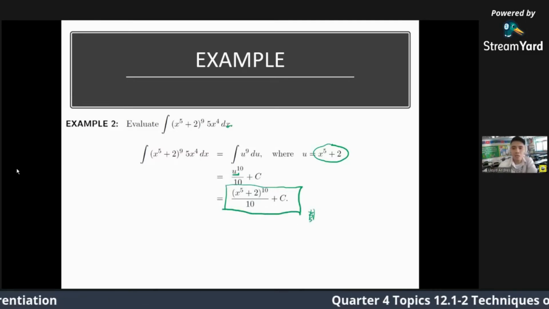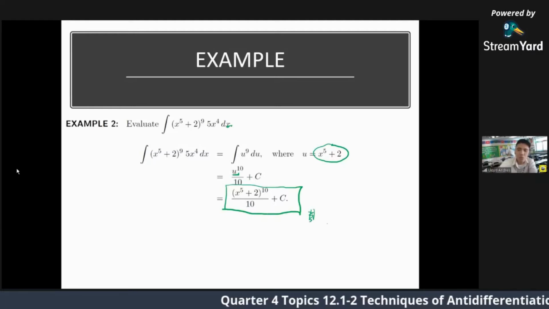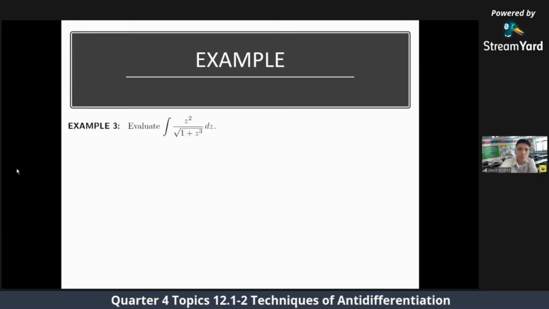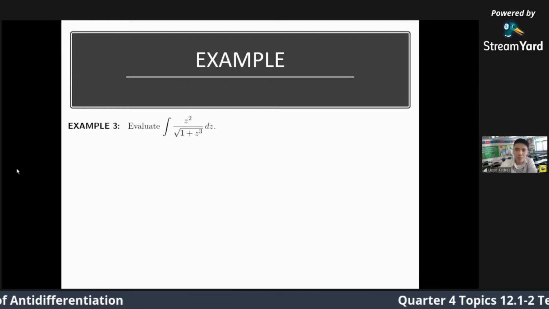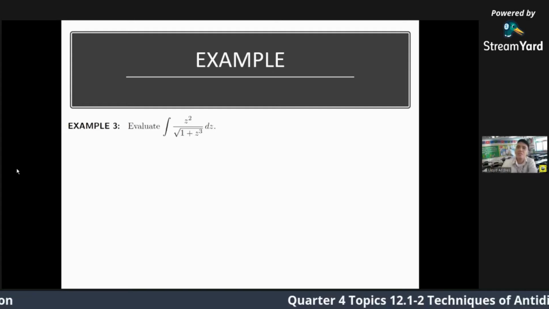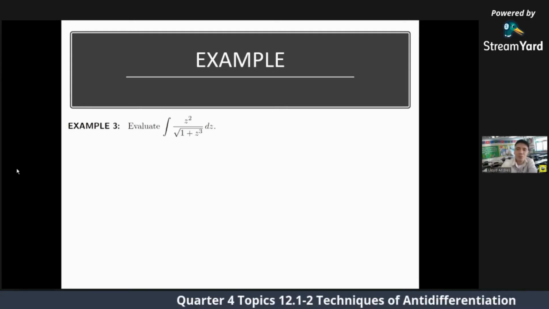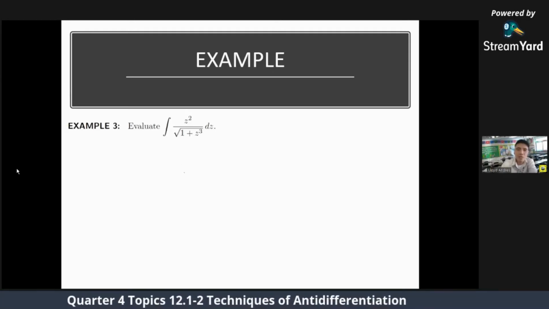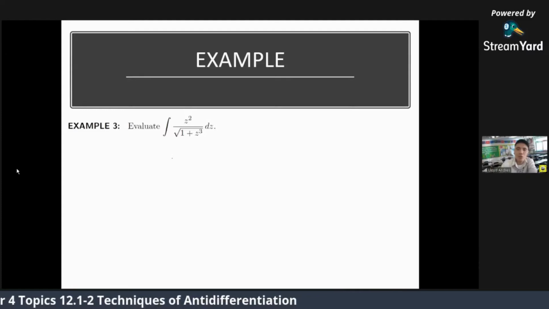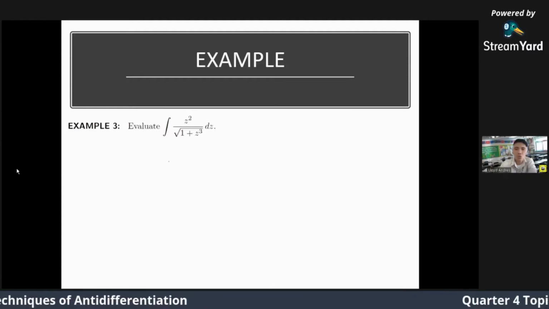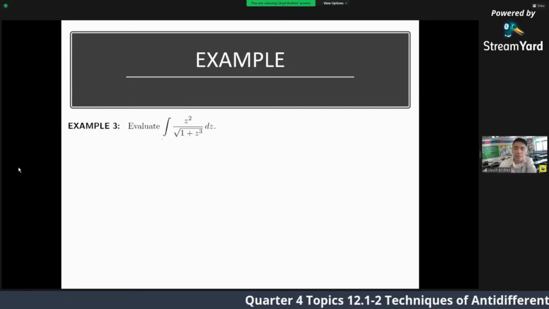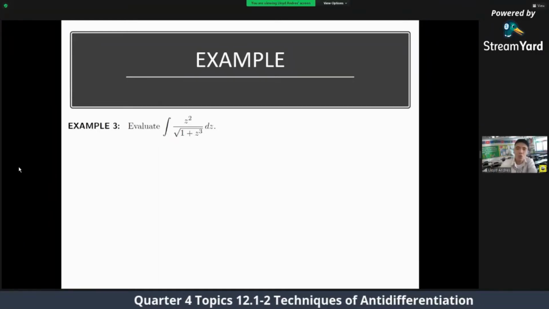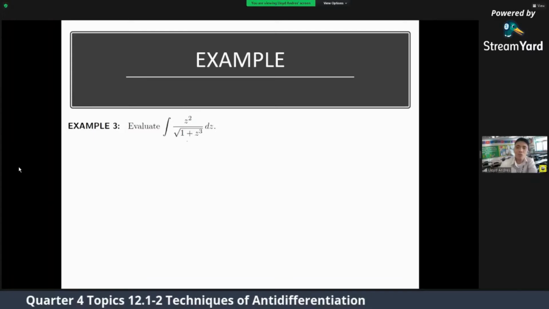So that's another example. Let's do one more example. What about this? The integral of z squared over the square root of 1 plus z cubed dz. So with this, we have no product rule, and actually no quotient rule. So what do we do now? If we don't have the substitution rule, this would be difficult. So we should apply substitution.